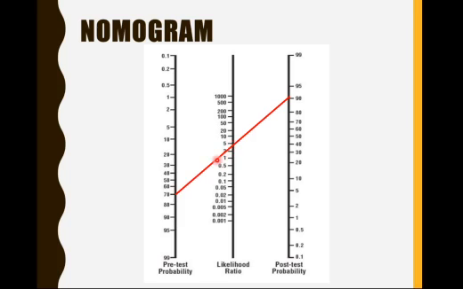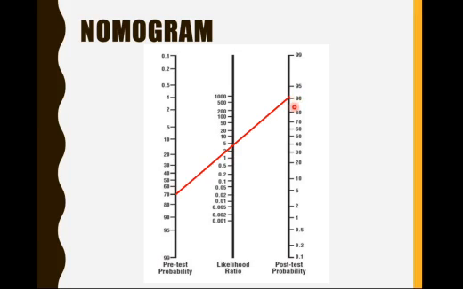And then you go to the pre-test probability. That's 70%. If you can read that, this is 70%, and you use the ruler, the straight line, to connect it to the 5, the likelihood ratio. And then the post-test probability is about 92.1%.